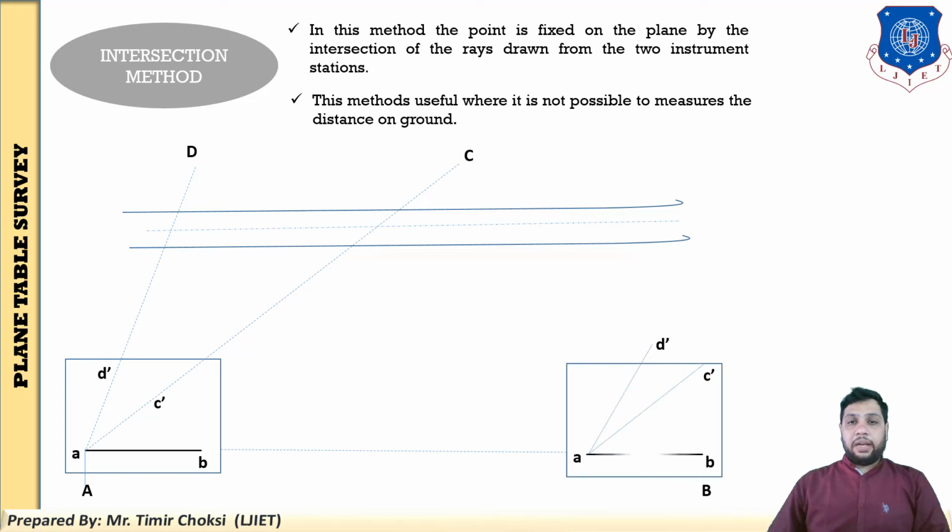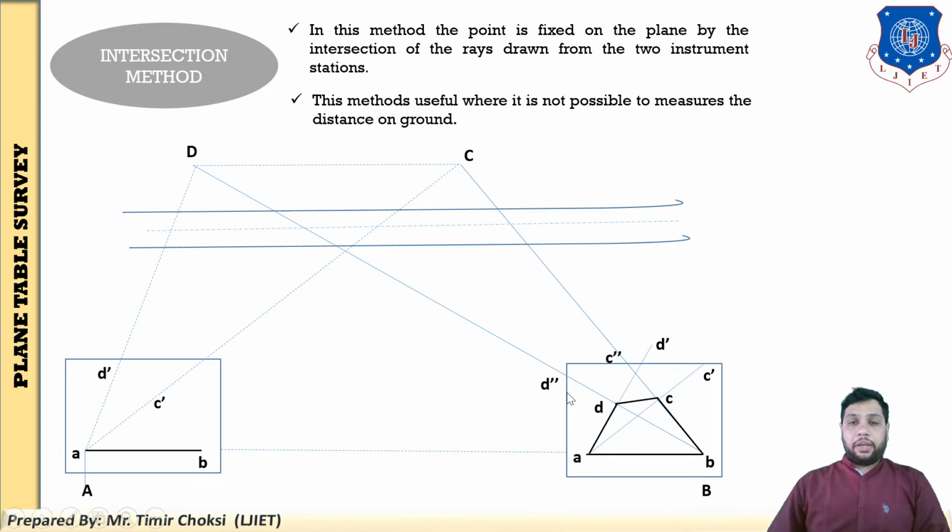Now the plane table is set up at B, and one step is added, the orientation: orient by the backsighting method at station B with respect to capital A. Now pivot the LED at B and draw the lines C double dash and D double dash, and the intersection points will be C and D on the drawing sheet.